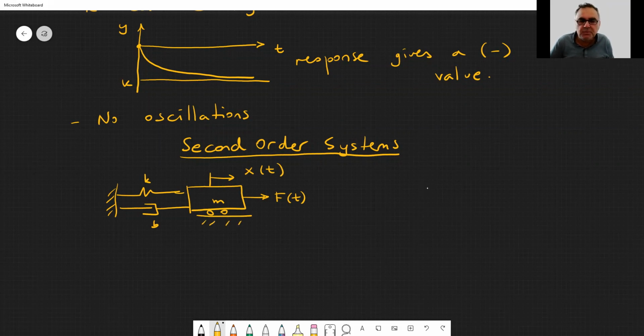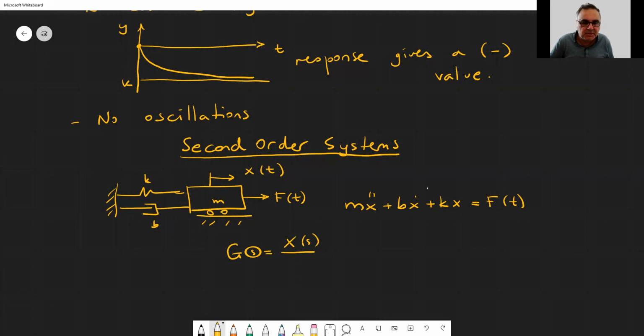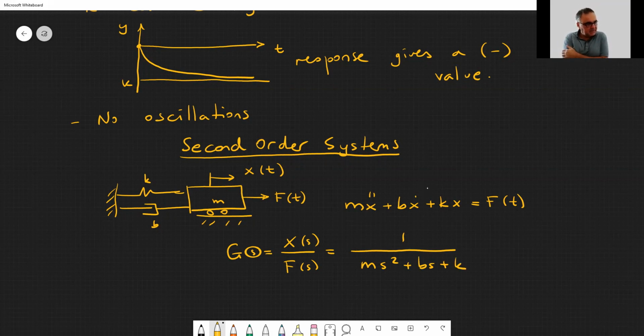So the equation of motion for this system is m x double dot plus b x dot plus k x equals f of t. And the transfer function, which is output divided by the input, force, let's say, is the input, is 1 over m s squared plus b s plus k.